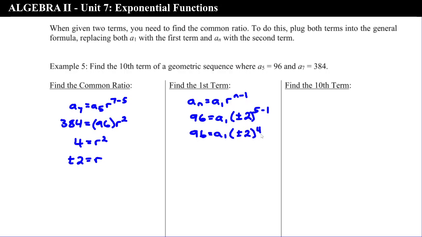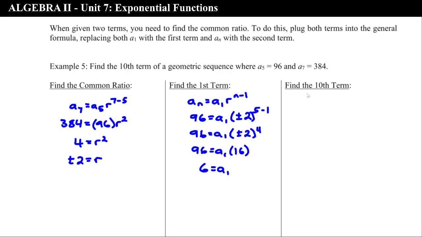Well, since that's an even power, 2 to the 4th is going to give you 16, because 2 times 2 is 4, times 2 is 8, times 2 is 16. But negative 2 to the 4th is also 16, because your power is even. So we have 96 equals a sub 1 times 16. And you divide each side by 16, and you get 6 equals a sub 1.